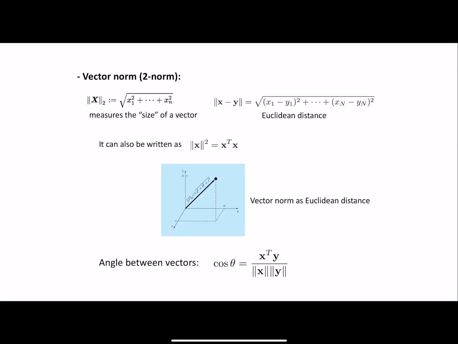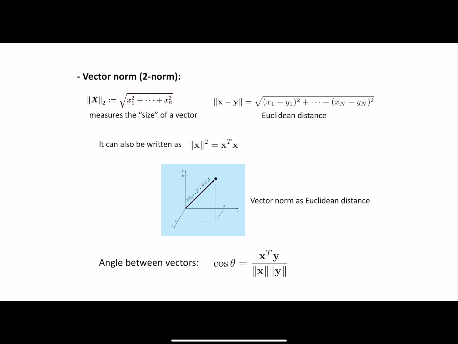Another definition is we call two vectors orthogonal if their dot product equals 0. Another important notion of a vector is its length or size. We can compute the length of a vector by taking the square of each element, summing each element squared, and then taking the square root.